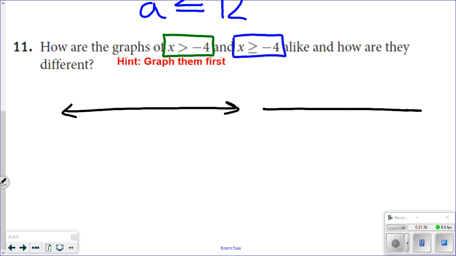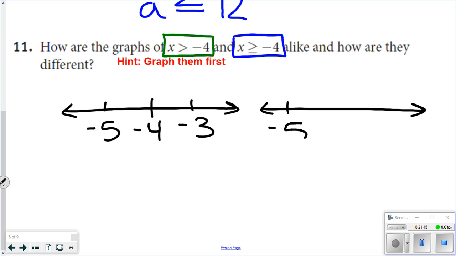And we're going to put -4 in the middle. I'm going to go 1 number on either side of it, so nothing too fancy. Pause the video and try to graph these, and then think and write down how are they the same and how are they different.